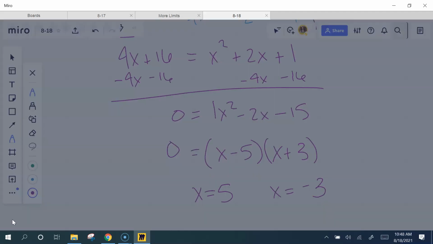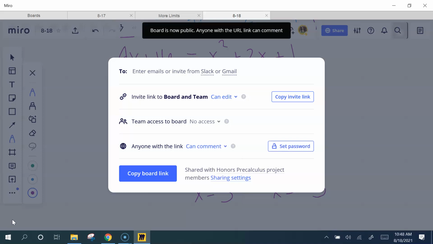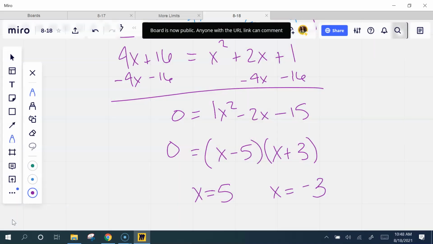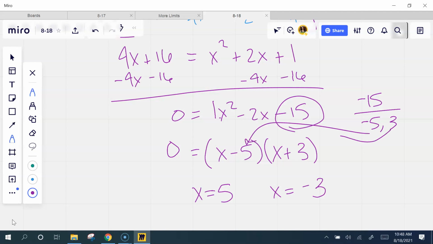I forgot to click what? Try now. The shortcut is when the leading coefficient is 1, A times C is just going to be whatever that last one is, and whatever those two factors are that multiply to negative 15 but add to negative 2, that's what just goes here with x.